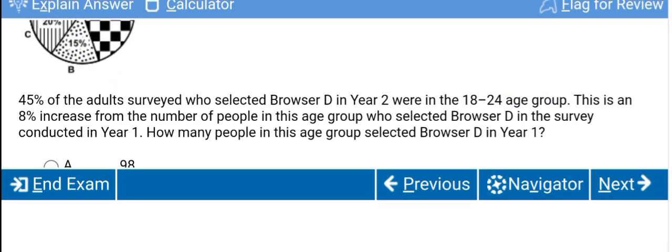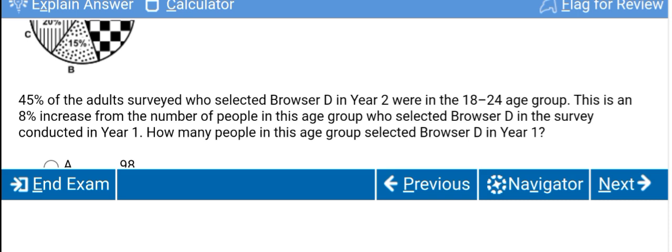And the question is that 45% of the adults surveyed who selected browser D in year 2 were in the 18 to 24 age group. This is an 8% increase from the number of people in this age group who selected browser D in the survey conducted in year 1.